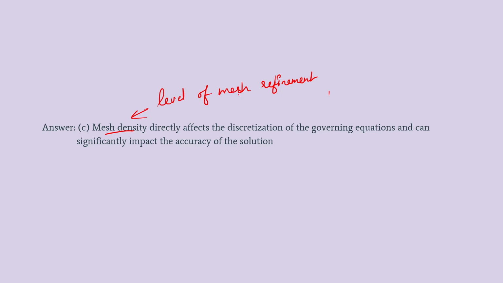And another name for mesh refinement is mesh density. Like the normal density, you can think of how many cells are there in some unit volume of our domain. So mesh density directly impacts the accuracy of the solution.